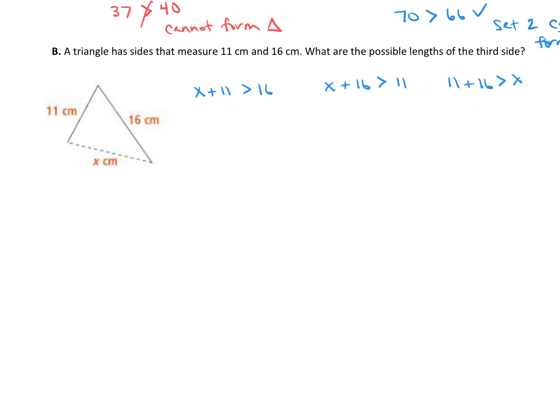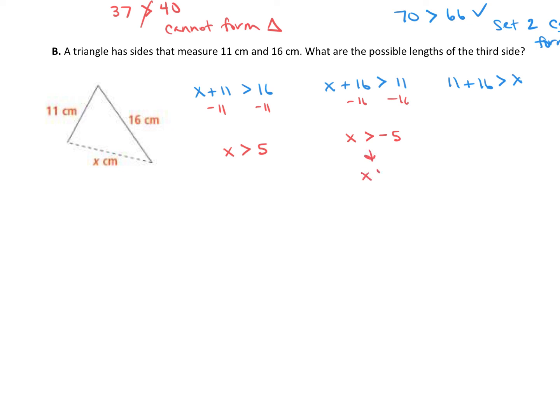Why don't we take these inequalities and solve for x to see what values would work. We'll subtract 11 from both sides. Here, x is greater than 5. Here, if we subtract 16 from both sides, we get x is greater than negative 5. But because x is representing the side of a triangle, we know that we won't have any negative values.